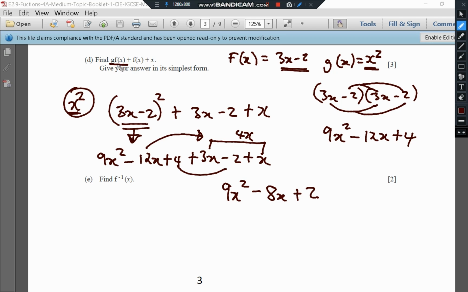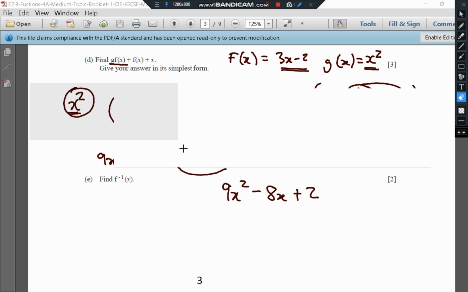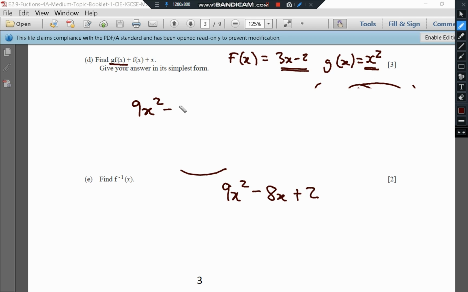So in short, the answer to the question is now 9x squared minus 8x plus 2, which is good. That's why it's 3 marks.